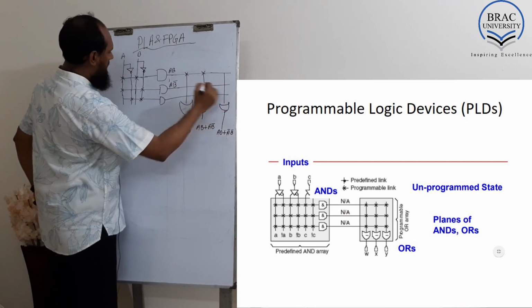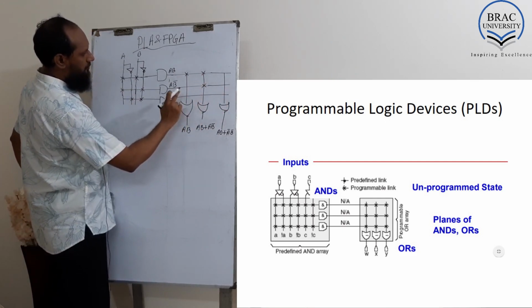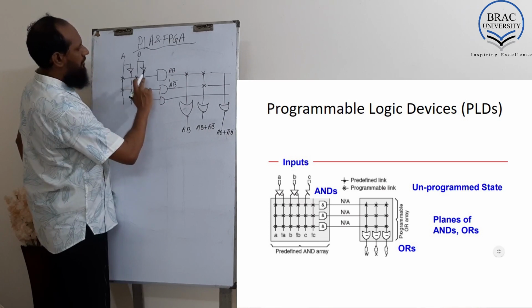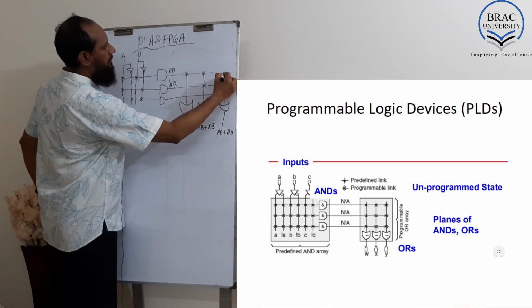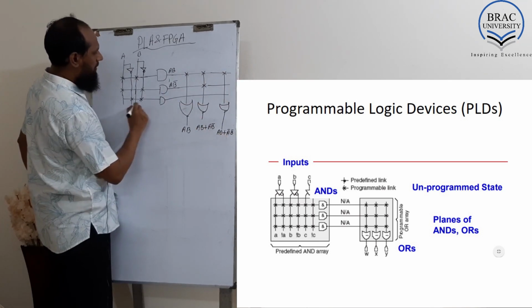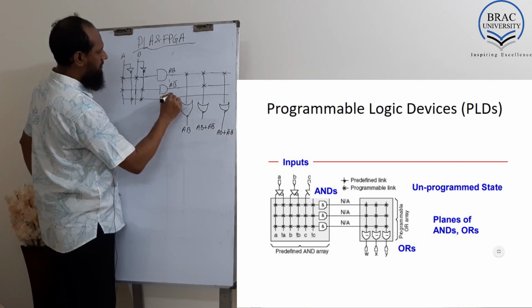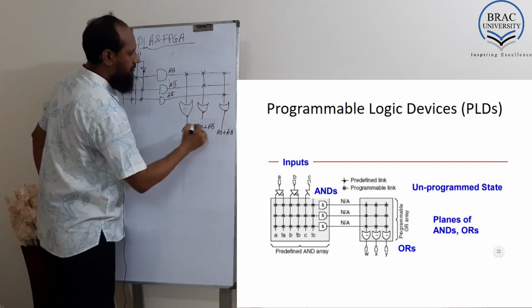Then we have to ensure the connection. Here is AB, and this is A dash B dash. So yes, you can get this connection.